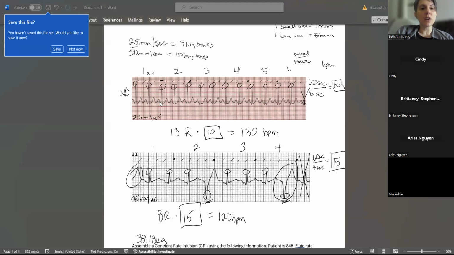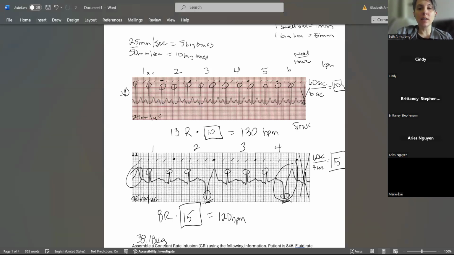That's good. Is there a QRS for every P wave? Yes. Okay, so that means we don't have any VPCs or anything other wonky going on, right? So that means that we have a sinus. It's sinus at least, because there's nothing wrong there.